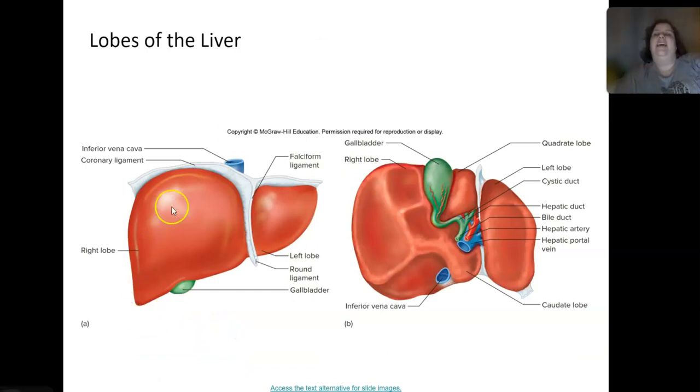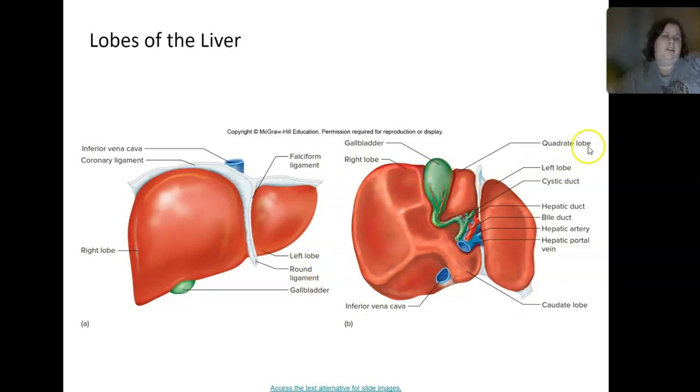Alright, here's a picture of your liver. You have your right lobe, your left lobe, your ligament, your inferior vena cava, another ligament. This lovely little green thing is your gallbladder. On this side is the inferior side of your liver. This is your right lobe. This is your gallbladder.